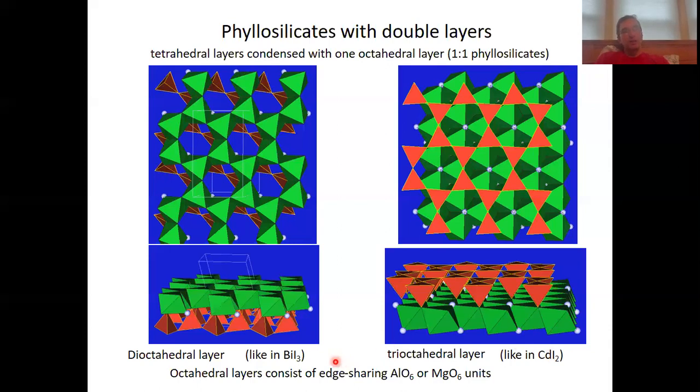So now in a dioctahedral layer, we have aluminums in the center of the octahedron. So the aluminums are aluminum 3+ ions, carrying one more positive charge than the magnesium 2+ ions. So for that reason, we need fewer aluminum ions to compensate the charges of the oxide 2- ions in the structure.